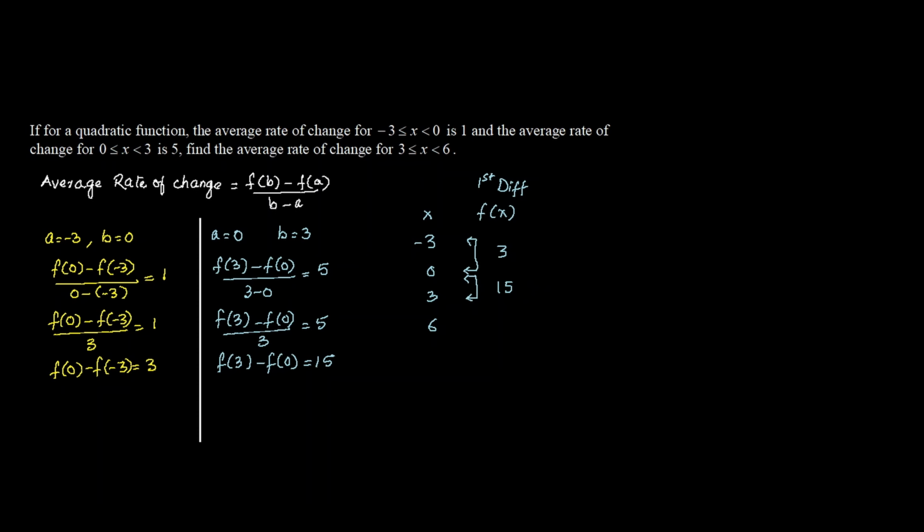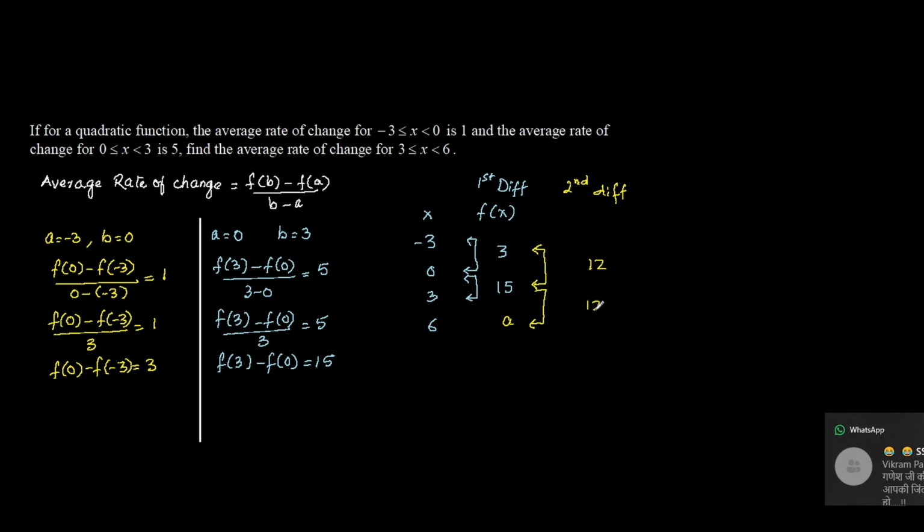Now, for a quadratic function, the second differences must be equal. So, the second difference between these two will be 15 minus 3, that is 12. And so, the second difference between this and this value, suppose this is a, should be 12. That means a minus 15 should be 12, and so a should be equal to 27.